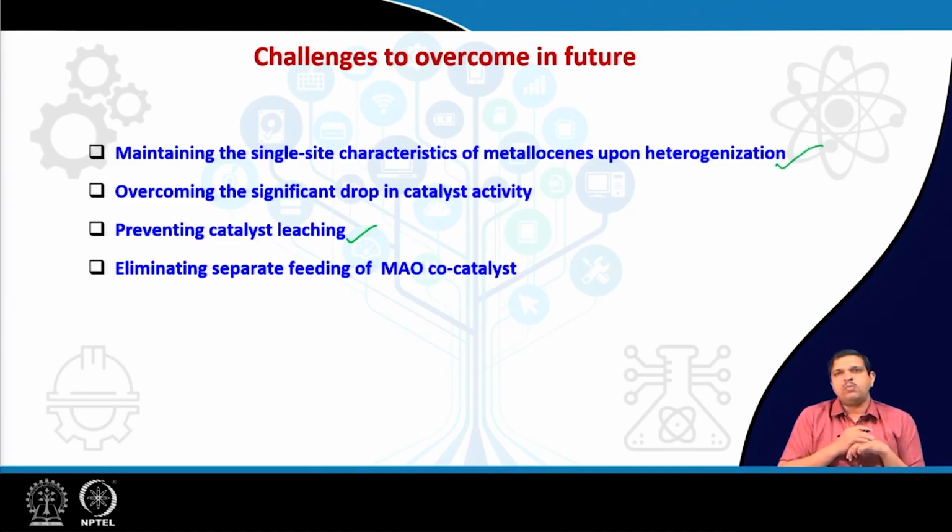For some substrates, selectivity is an issue because we are hindering the surface, the proximity of the metal center, and it may be difficult for some monomers to approach the metal center. That is why we have to sacrifice activity and selectivity. So there is still scope to overcome these, and the research is going on in industry and also in academics.